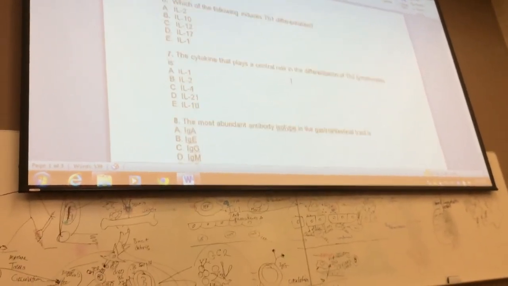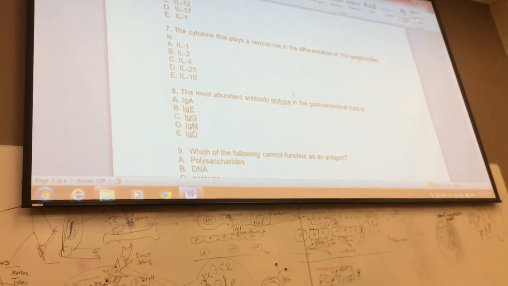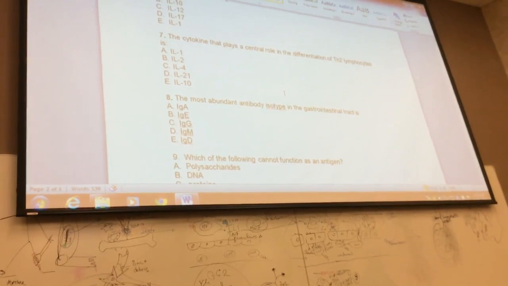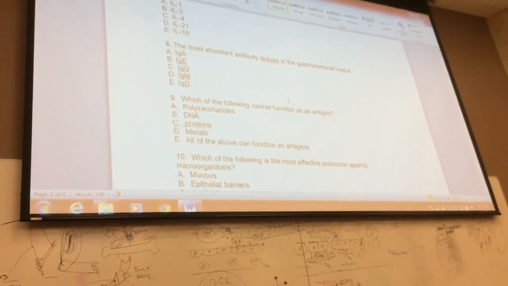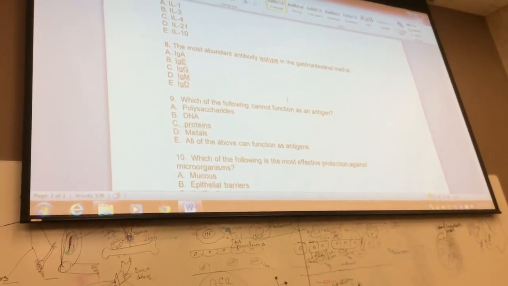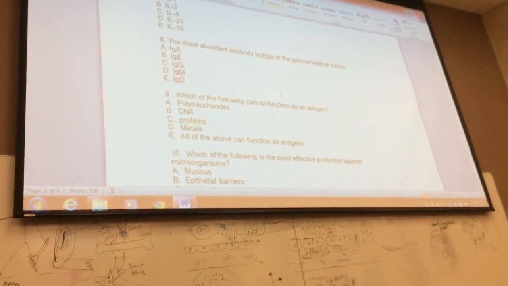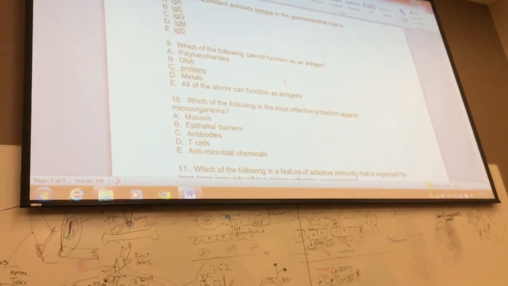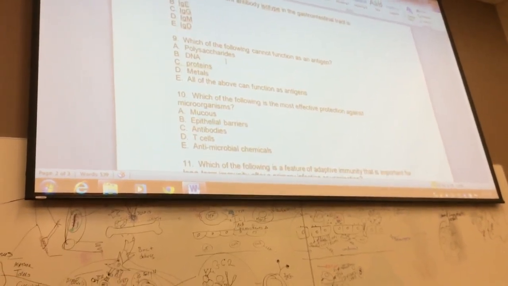IL-12. The cytokine that plays a central role in differentiation of Th2 lymphocytes? IL-4. The most abundant antibody isotype in the GI tract? IgA. Okay, and why is that? Because it's secretory. Which of the following cannot function as an antigen?